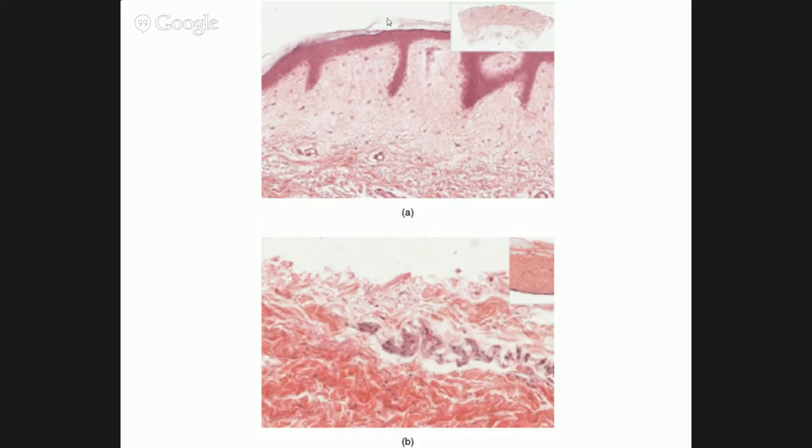So that's thick skin. Thin skin is mostly found everywhere else. The thinnest skin on our body is found in our scalp and right at the edge of the lips. If you've ever eaten very spicy food, you'll usually get a little burning sensation right at the edge of your lips.